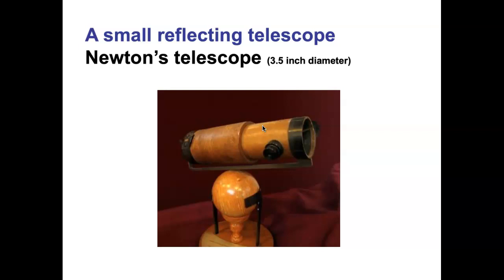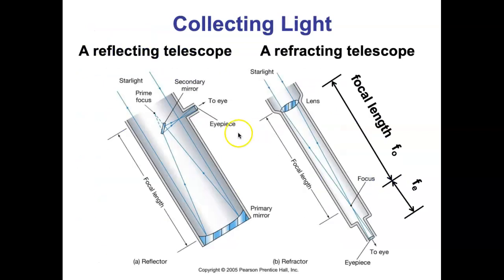Notice I keep talking about how the size of the mirror, the size of the lens matters, because that's the other important thing. The two important characteristics to know about a telescope are the focal length and the diameter. Every telescope in the world is defined in terms of the diameter of the objective or the primary mirror, because the bigger your primary mirror, or the bigger your objective lens, the bigger your light bucket is.